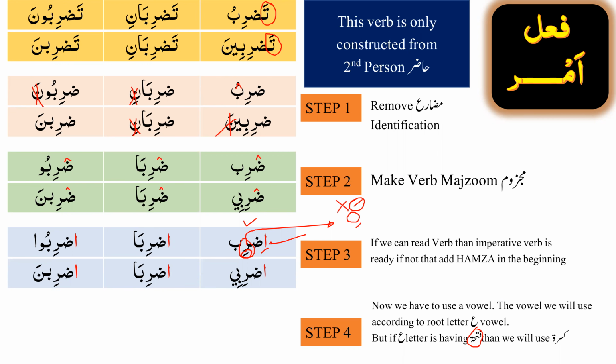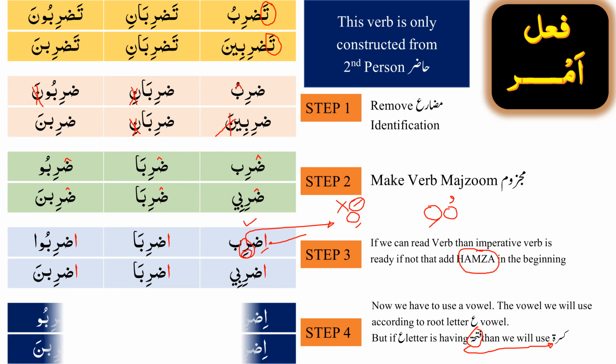But if the ain kalima has kasra or dhamma, we will use it as it is on our new Hamza. Only in case of fatha, we will use kasra. This is the important point because there are some verbs where the root letter ain will have fatha. It will come in practice. So now, can you read?